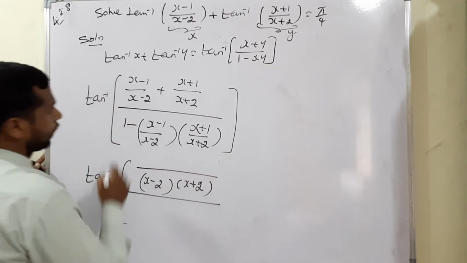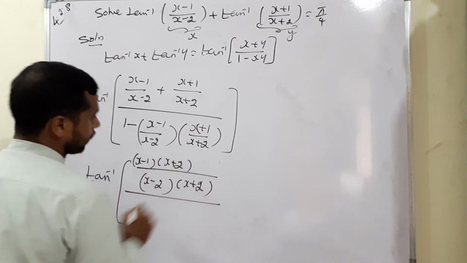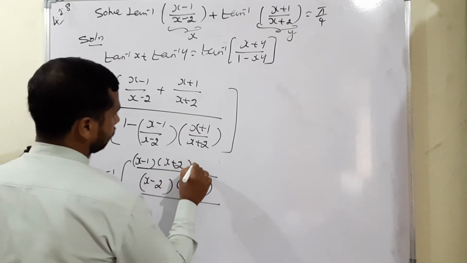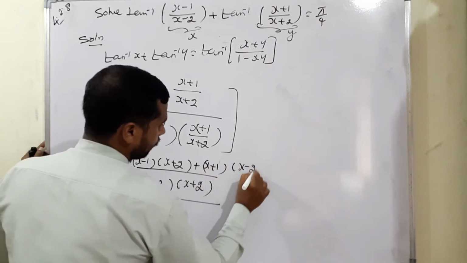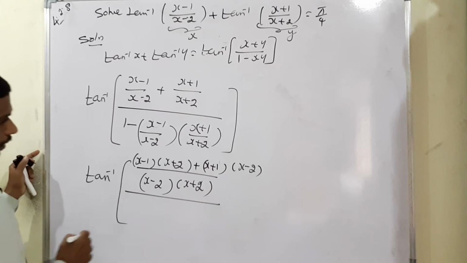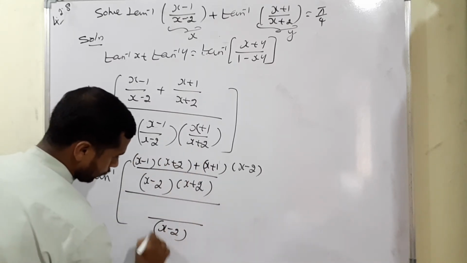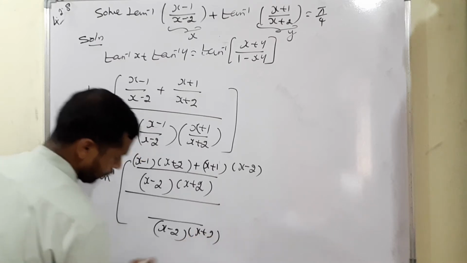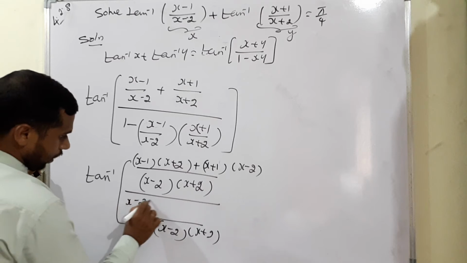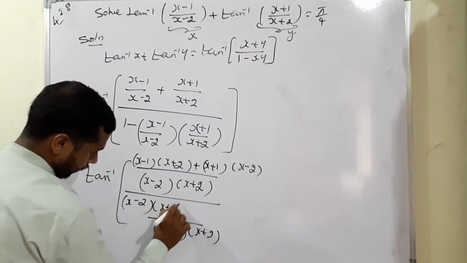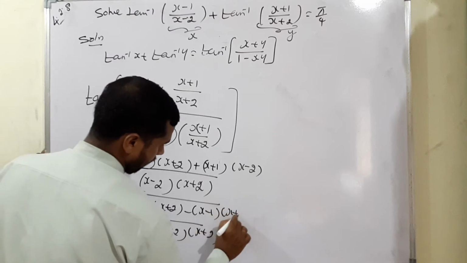Cross multiply: (x minus 1) into (x plus 2), plus (x plus 1) into (x minus 2), over the denominator (x minus 2) into (x plus 2). For the 1, the same value (x minus 2) into (x plus 2), then minus (x minus 1) into (x plus 1).